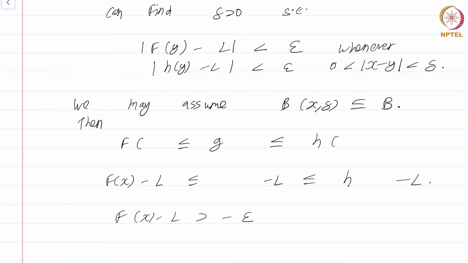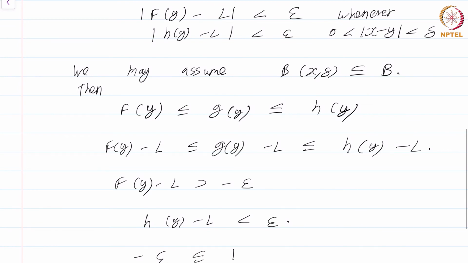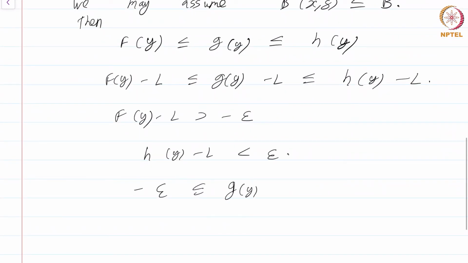Sorry about that. f of y is less than or equal to g of y is less than or equal to h of y. So f of y minus L is greater than minus epsilon, whereas h of y minus L is less than epsilon. Why? This just follows from the fact that mod f of y minus L is less than epsilon and mod h of y minus L is also less than epsilon. That immediately gives minus epsilon less than or equal to g of y minus L less than or equal to epsilon, and we are done.